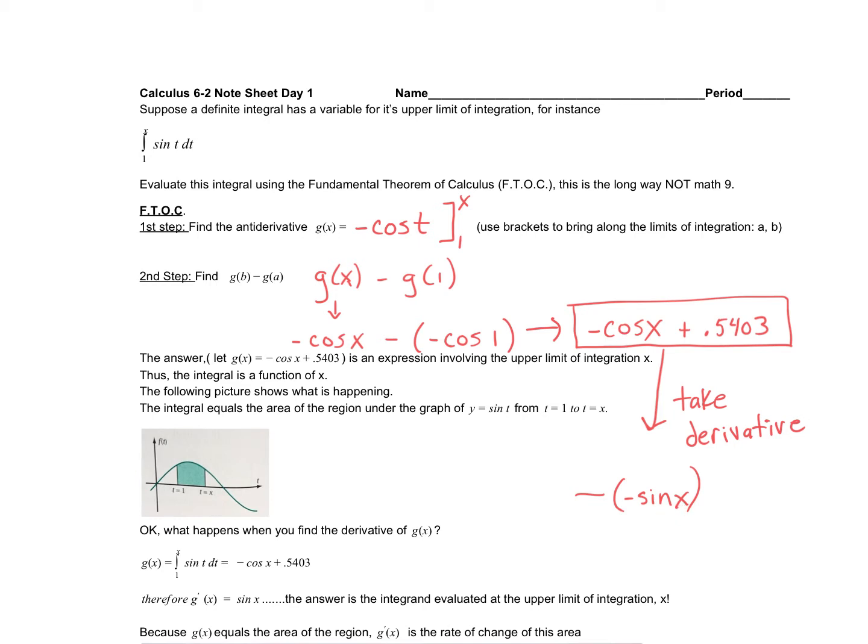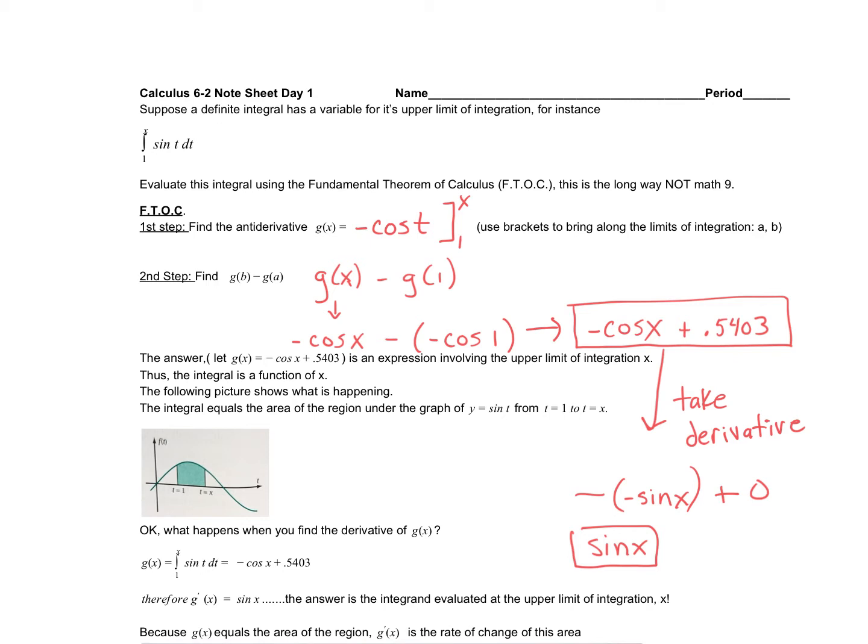And now we keep going, plus we know that the derivative of 0.5403 is 0. The derivative of any constant is 0. So let's simplify this. We get positive sine of x. That is our final answer. That is the derivative of an integral.